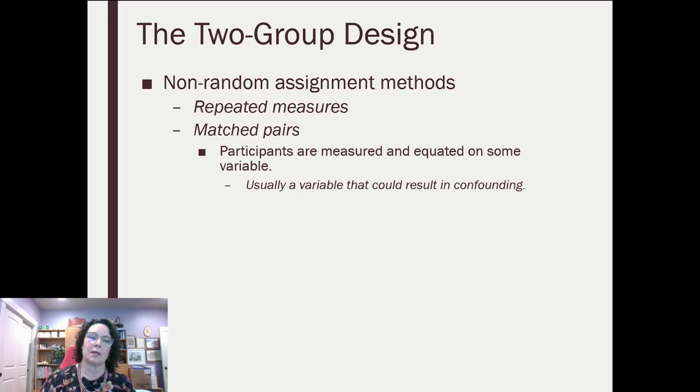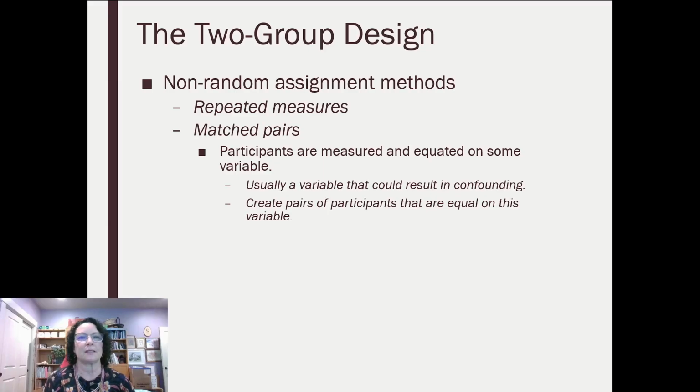So it might be something like sex, it might be age, diagnosis, it might be degree of experience playing video games. It could be whatever we think might act as a confound, as a problem. And so we can create pairs of participants that are equal on that variable, and then randomly assign one member of each of those pairs to the experimental condition and one to the control condition.